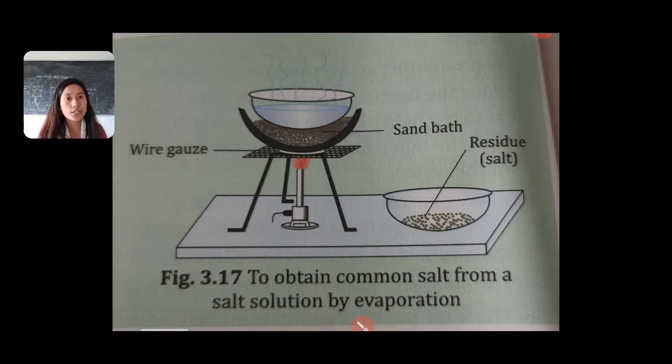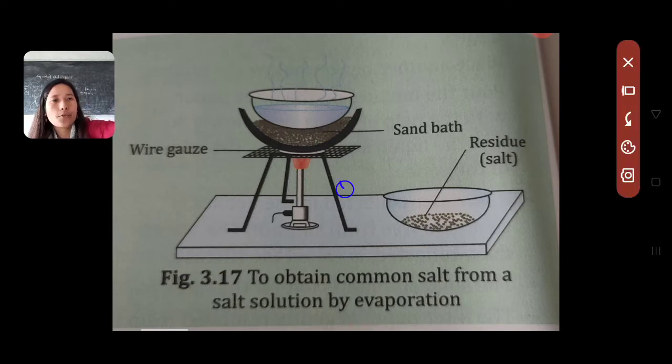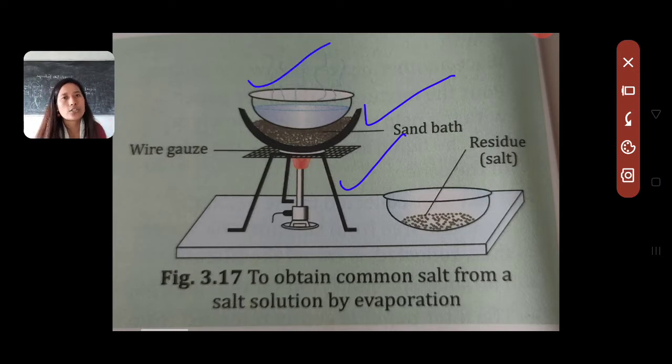The separation technique that we are discussing is evaporation. Like I told you, evaporation is a method in which the liquid is converted into vapor. You can see the experimental setup here. You have a tripod stand, a container which consists of a sand bath, and then a china dish which consists of a solution of salt.